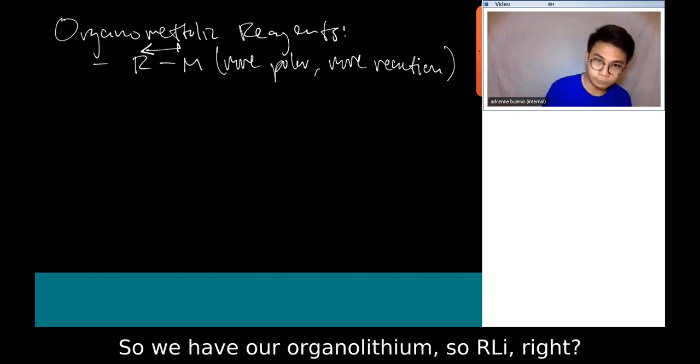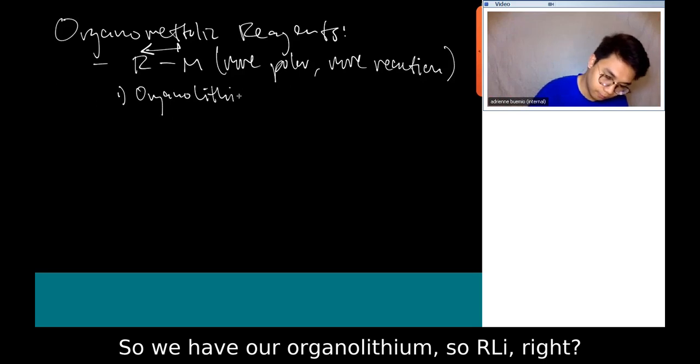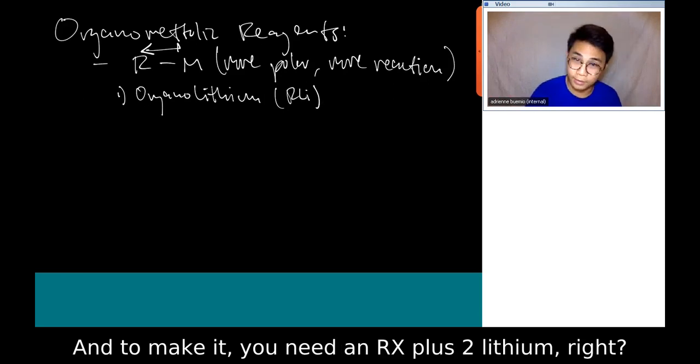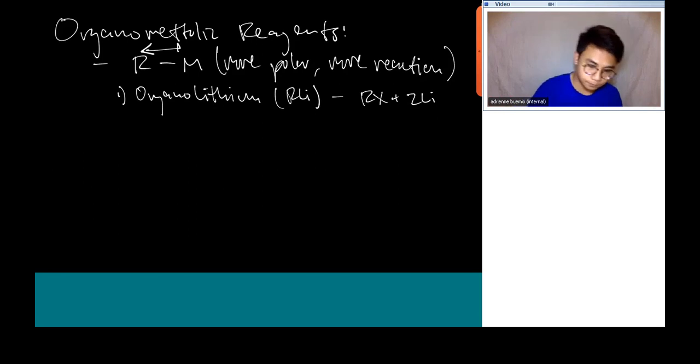So we have our organolithium, so RLi, right? To make it, you need an RX plus 2 lithium. That's how you make it.